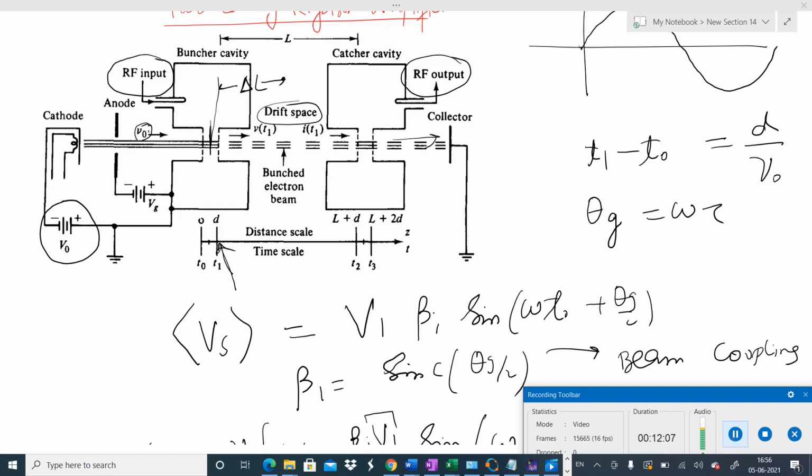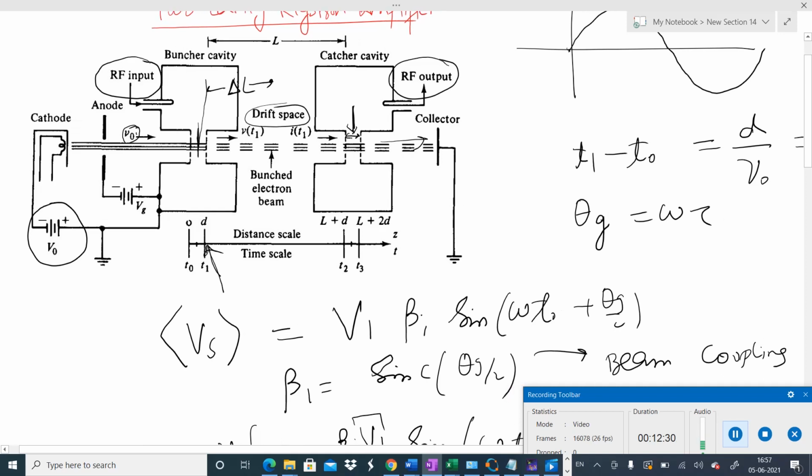First of all, we discussed in previous lectures that there should be a high degree of bunching, and the best location for that is around the midpoint of the catcher cavity. The dimensions of the gap of this catcher cavity should be such that the phase of the gap voltage retards, or slows down, the electrons.